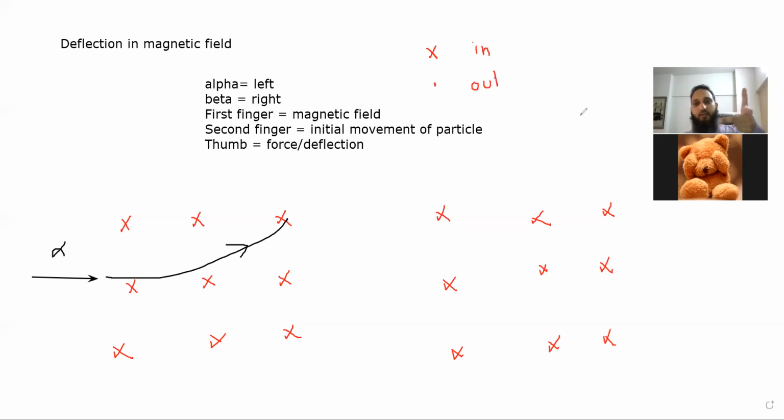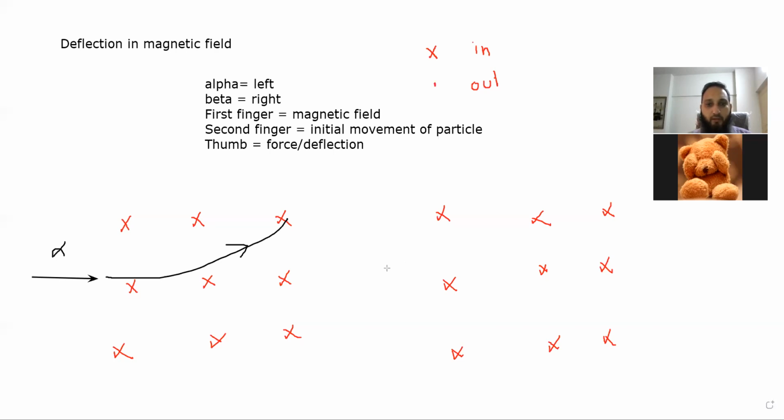So first, your first finger points towards the direction of the magnetic field. If it is a cross, your first finger should point into the paper, or on the screen. If it is a dot, your first finger should point out of the paper, out of the screen, or towards myself.